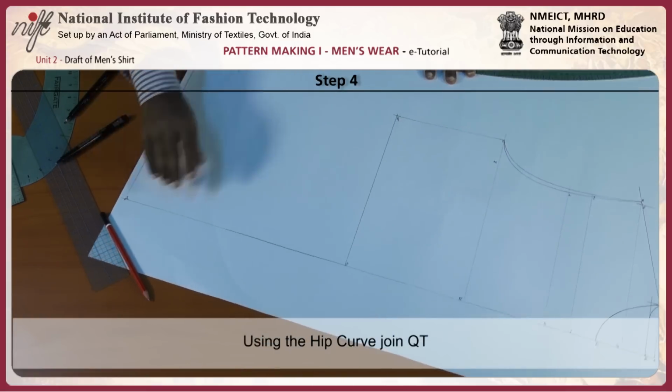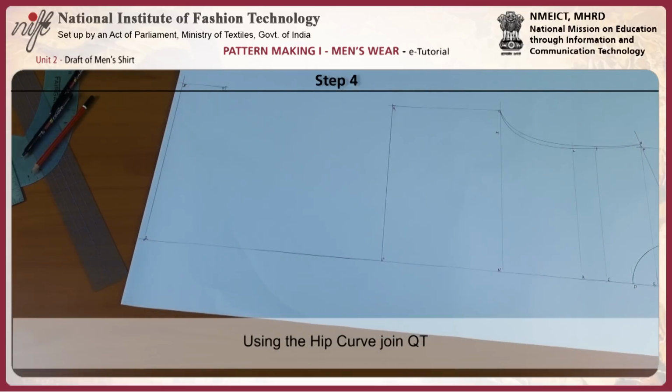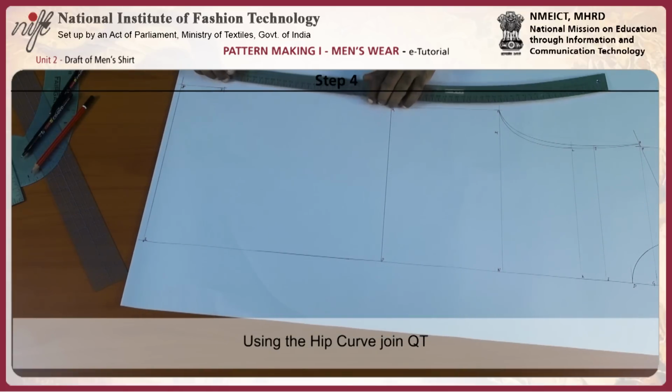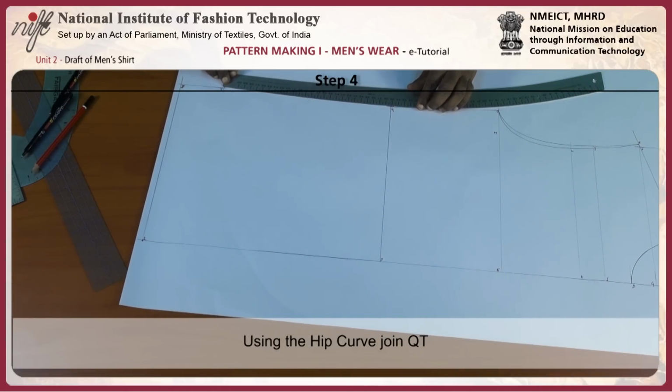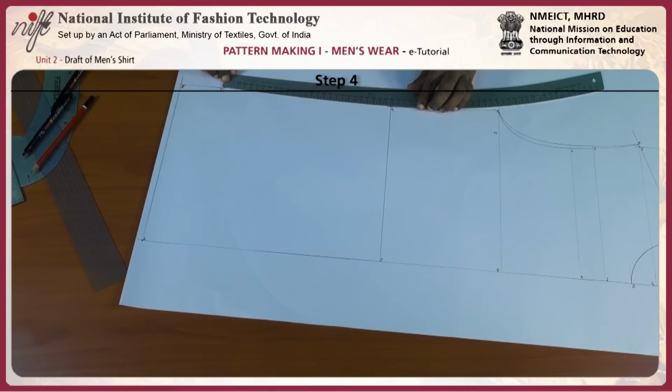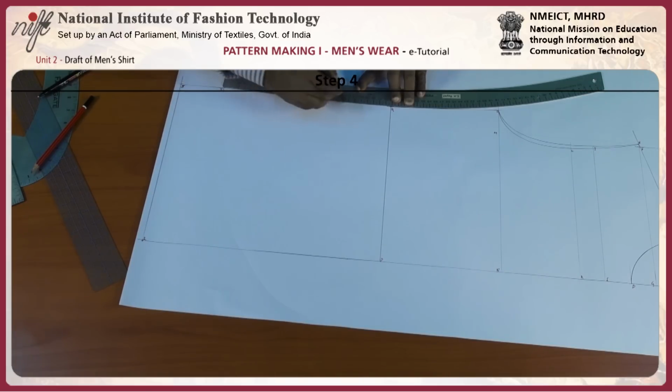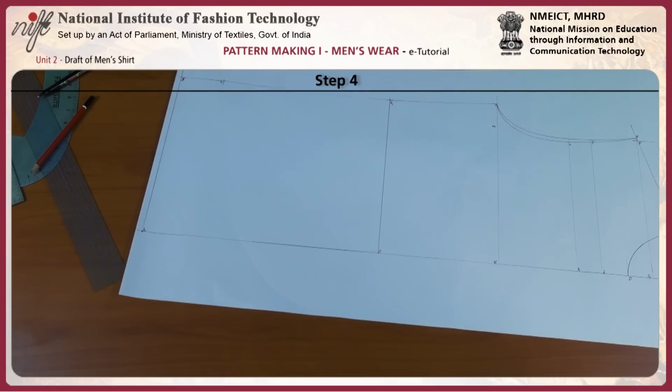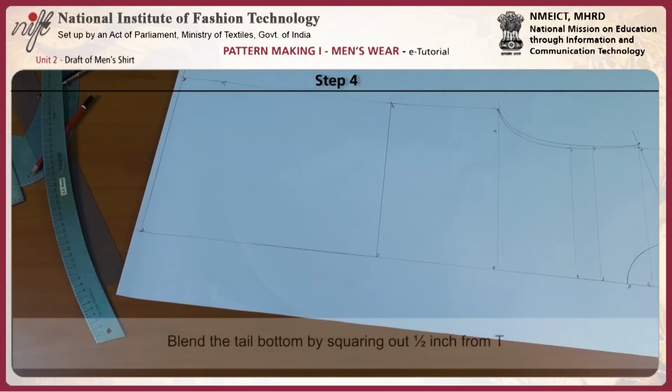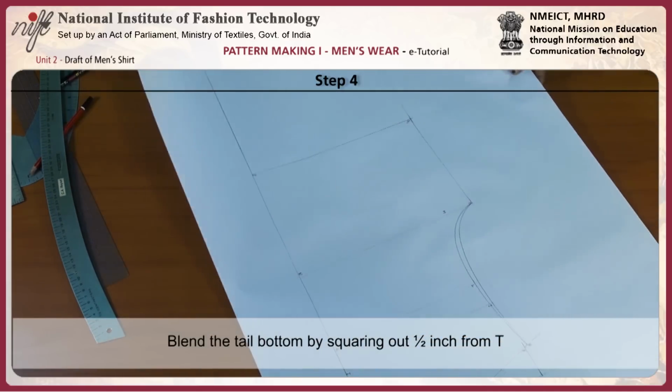Now it can be joined from Q to T using the hip curve like this. With this, the side seam is complete.